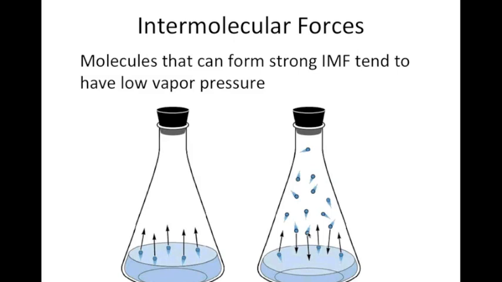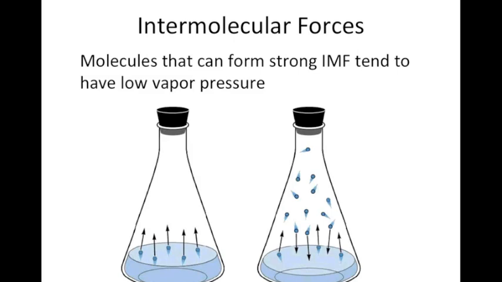Now, because you have a gas above the liquid, gases, of course, exert pressure. And so the more particles you have in the gas phase, the higher the vapor pressure. The fewer gas particles you have in the vapor phase, the lower a substance's vapor pressure.